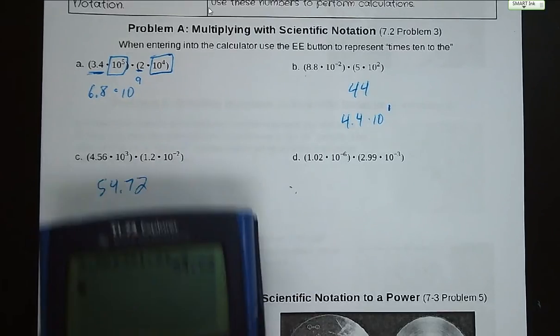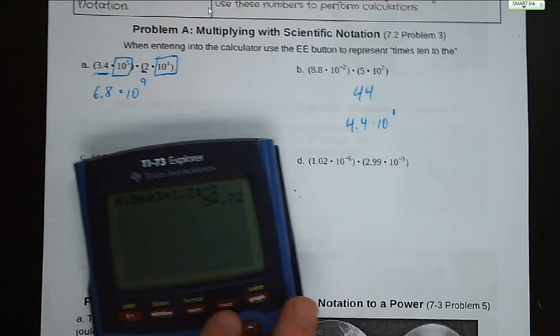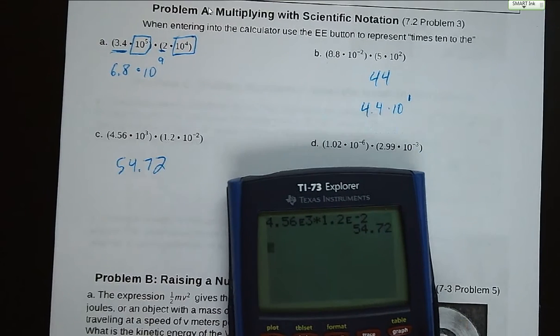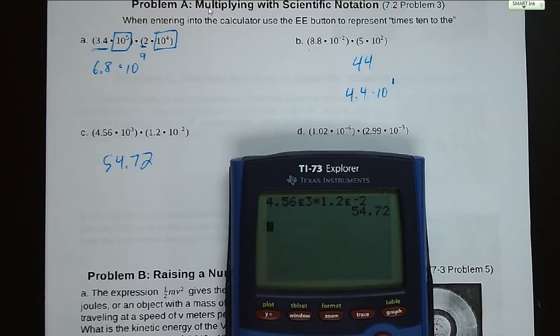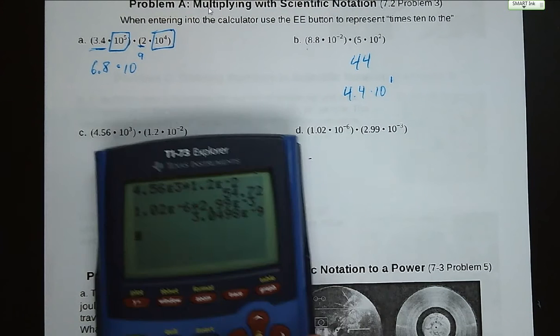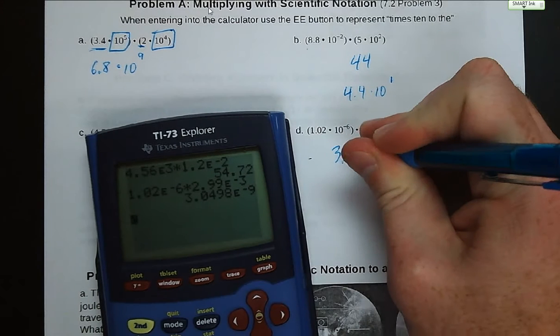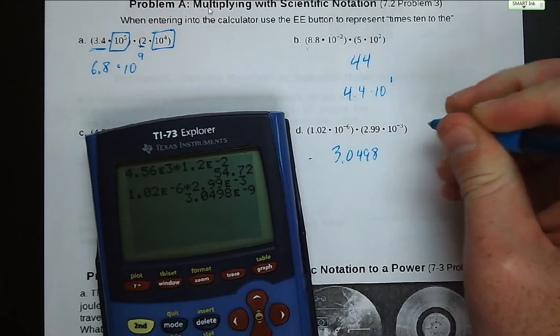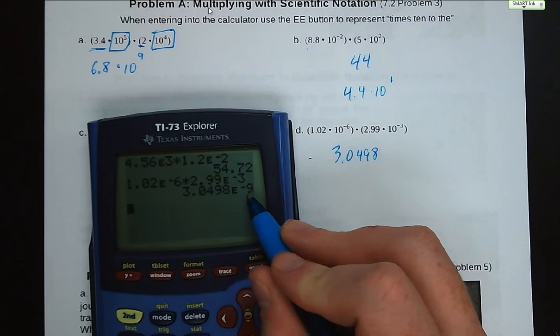All right, my next problem, we've got 1.02 times 10 to the negative 6th. So we type in 1.02 times 10 to the negative 6th times 2.99 times 10 to the negative 3rd. And we get an answer of 3.0498e negative 9.